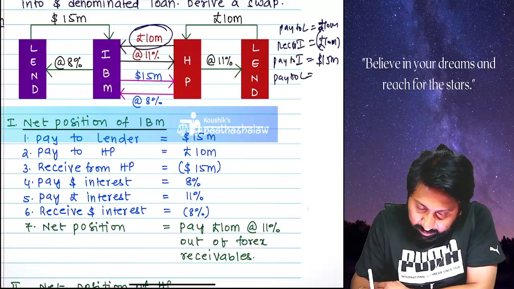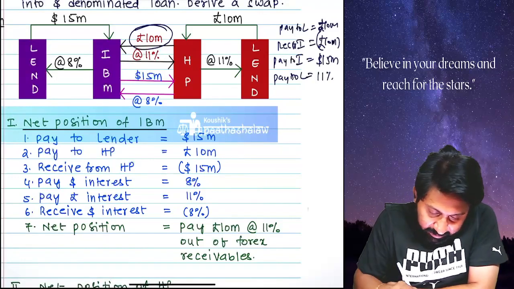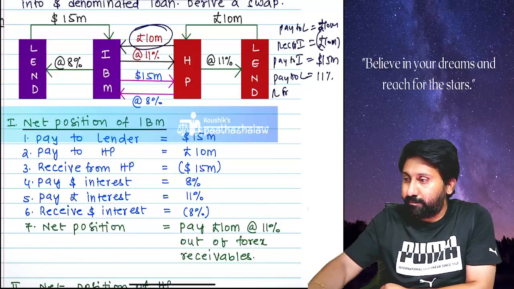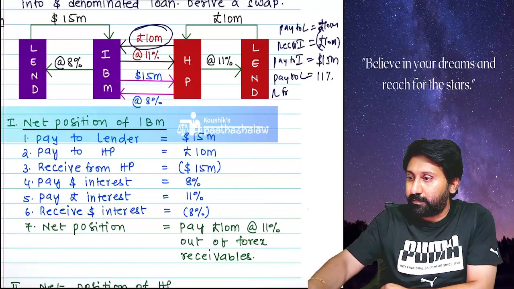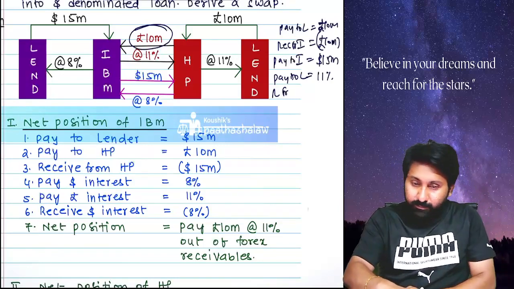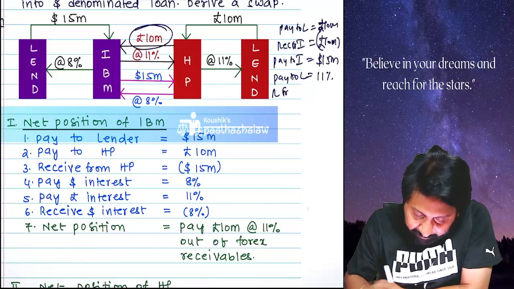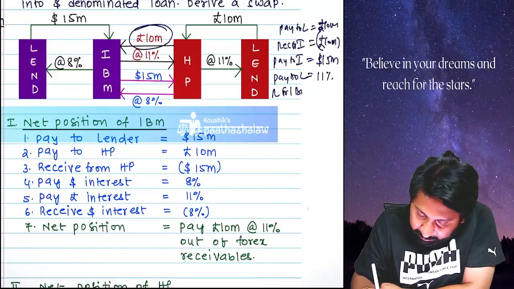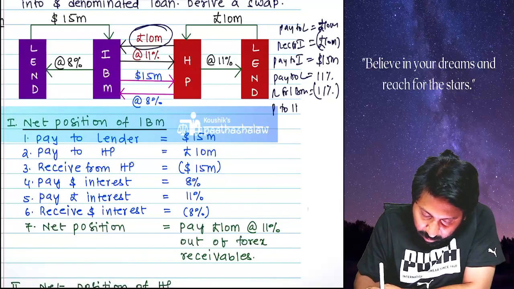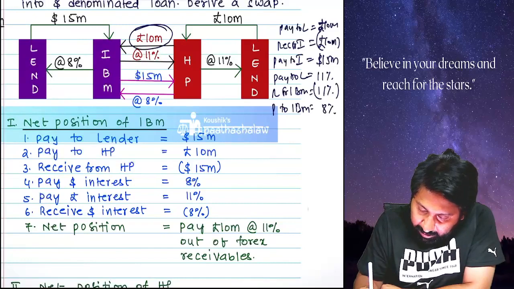Now, pay to lender, 11%. Receipt from IBM, 11%. Pay to IBM, 8%.